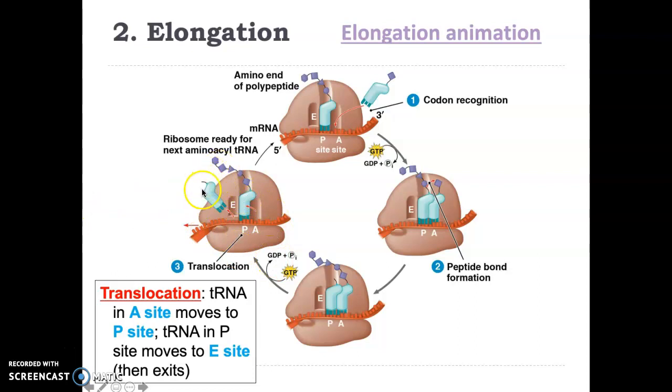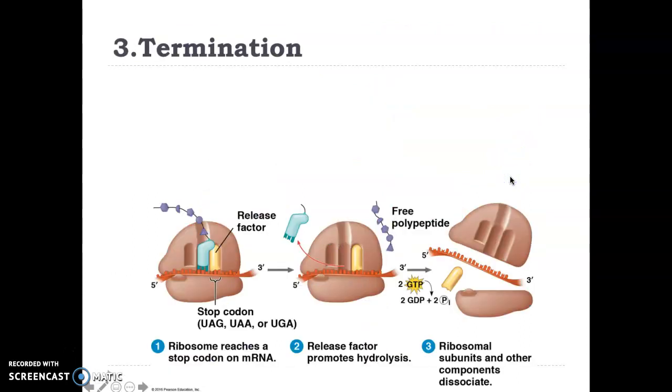It will dislodge or unbond from its amino acid because the amino acid is bonded here. And then what was in the A site now goes into the P site because this whole ribosome is moving down. Again, I recommend that you watch this animation because it shows it very well. It's just a few seconds long.